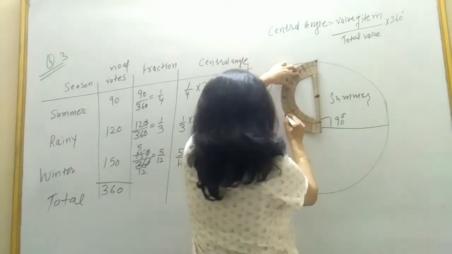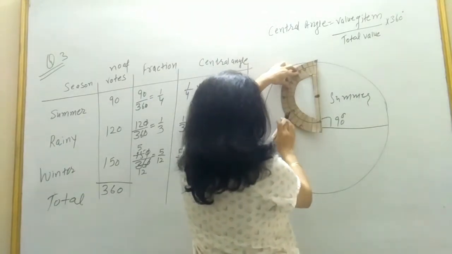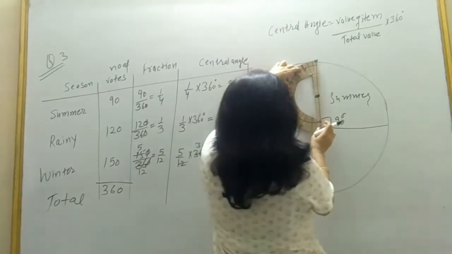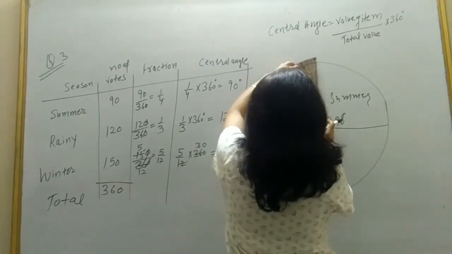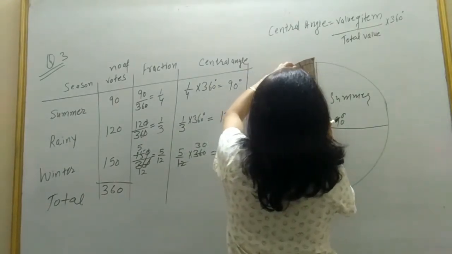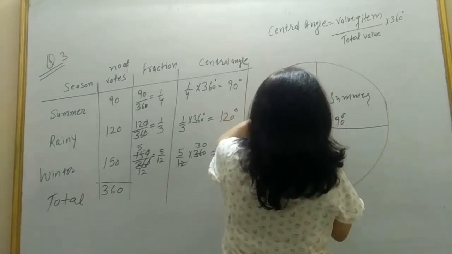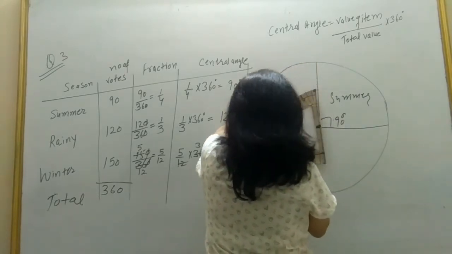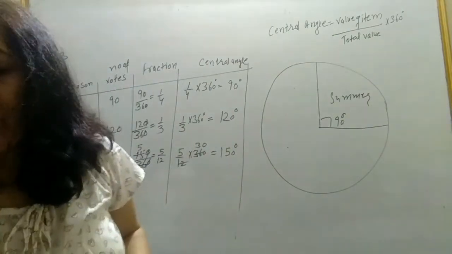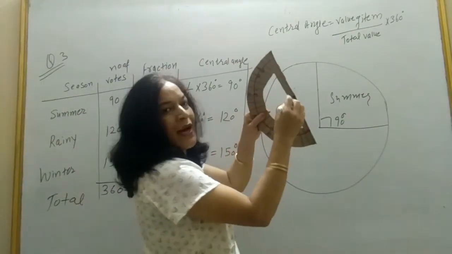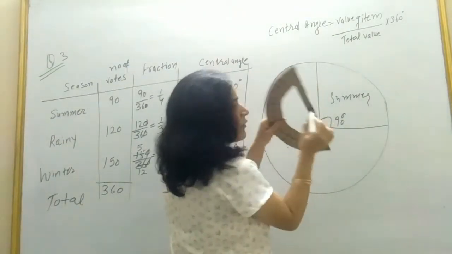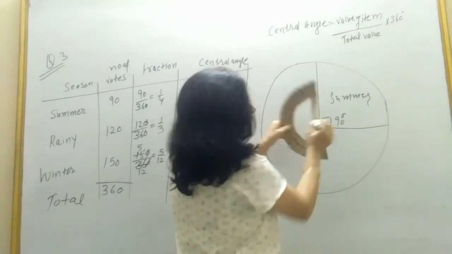Take care: I don't consider this one but take 120 degrees here. I count on the inner scale, with this as the center, 120 degrees. You must mark this point and keep it overlapping the center.